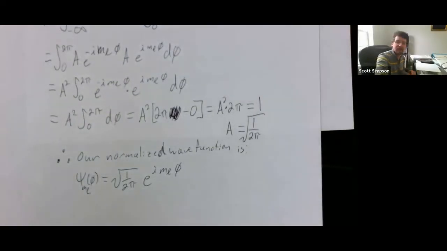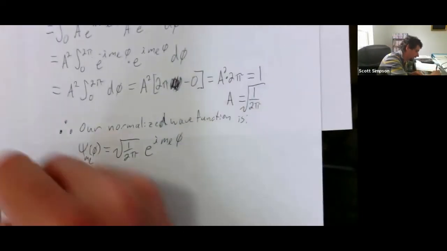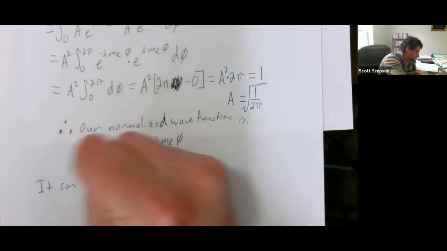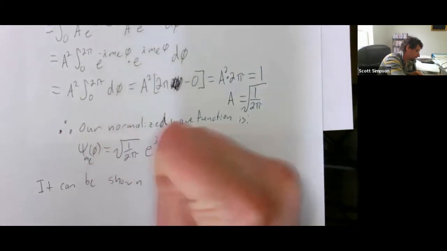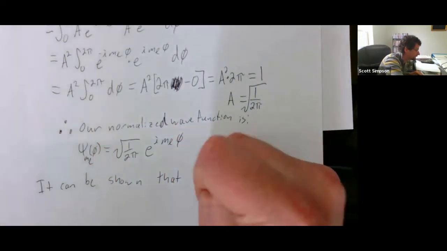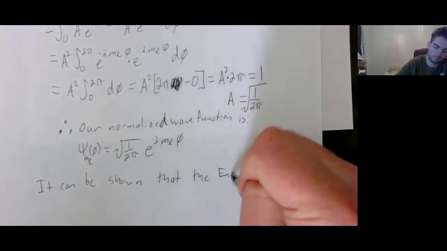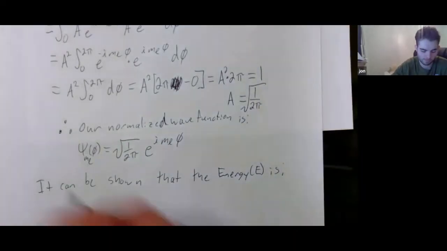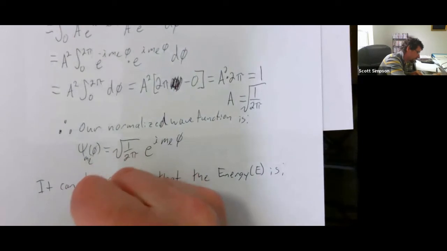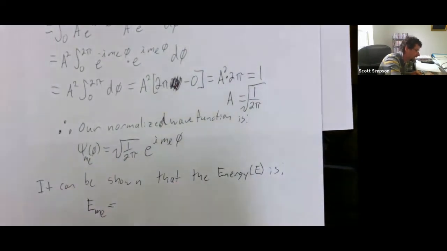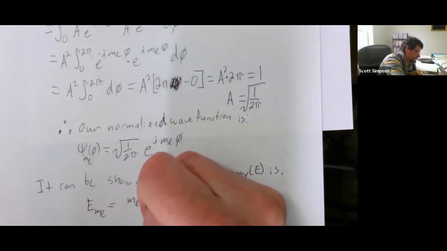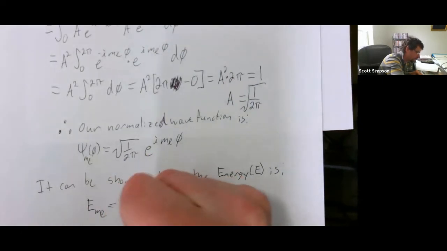All right, and now it can be shown that the energy is, and you guys found this expression for your daily problem, E sub m sub l is equal to m sub l squared h bar squared over 2I.